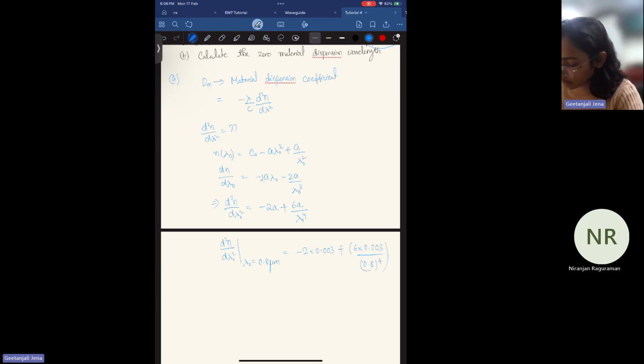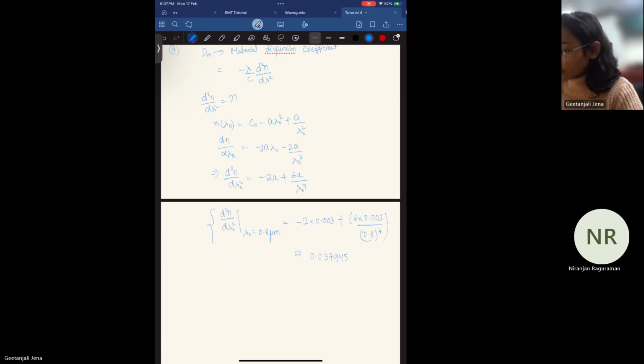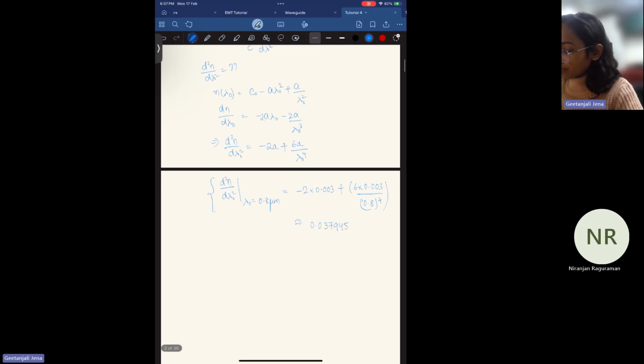If you calculate it, it comes to around 0.037945. So this is one part of the value.